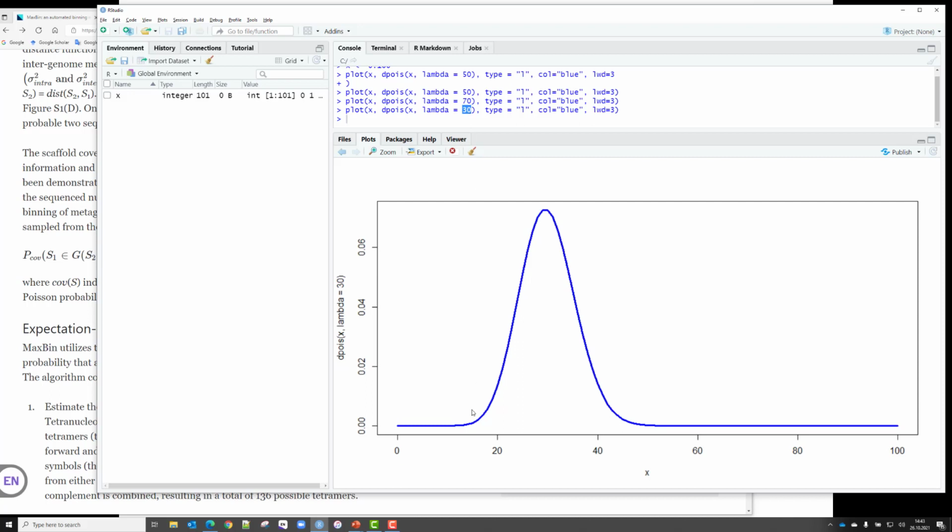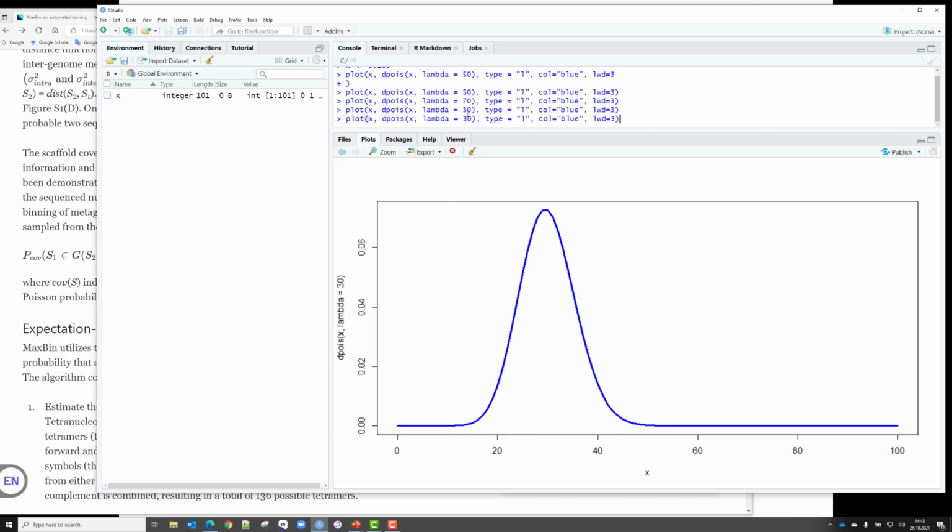And then we take the coverage of the S1 contig, and let's say that's 20, right? So S2 has coverage 30, but S1 has coverage 20. What's the probability that these two are from the same genome? Well, then we go in here at 20 and up here, and then we read the probability here. So this is actually P-COV on this axis here now, depending on where the S1 appears along this axis, as long as S2 has a coverage of 30.